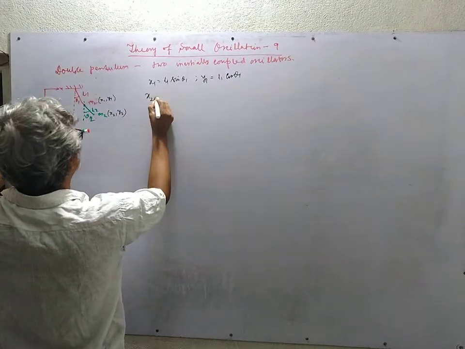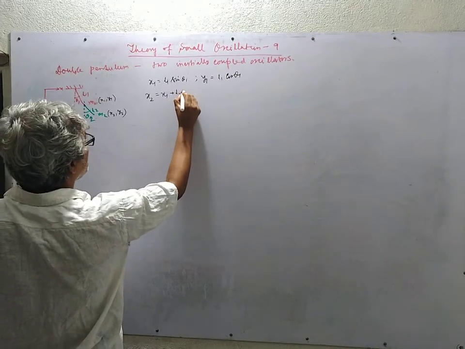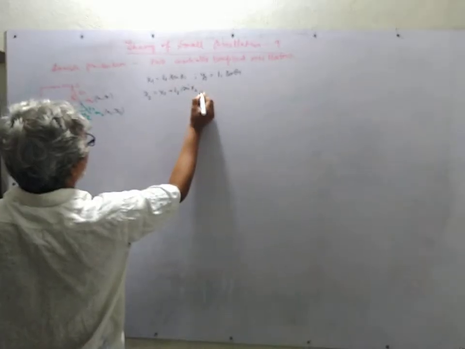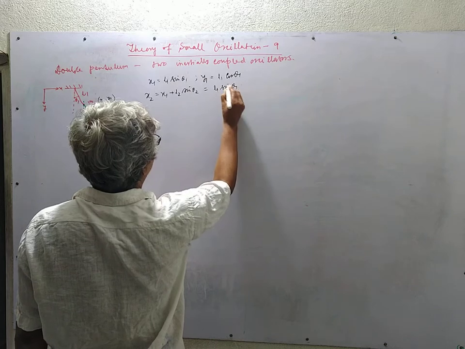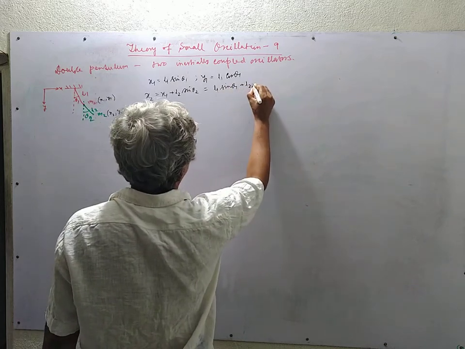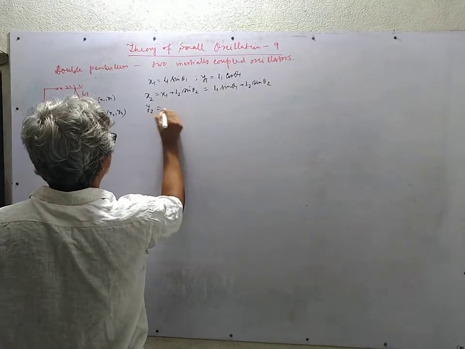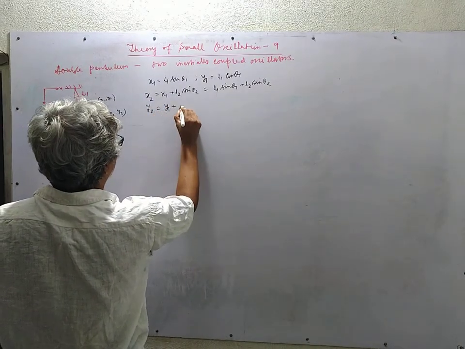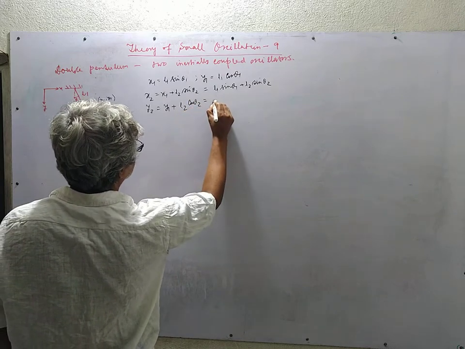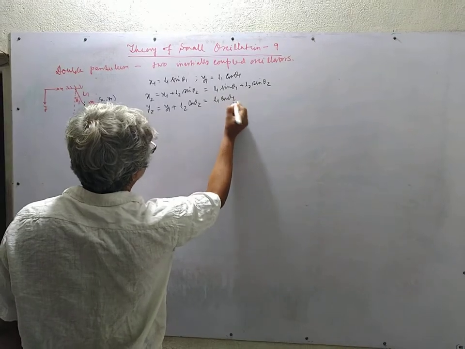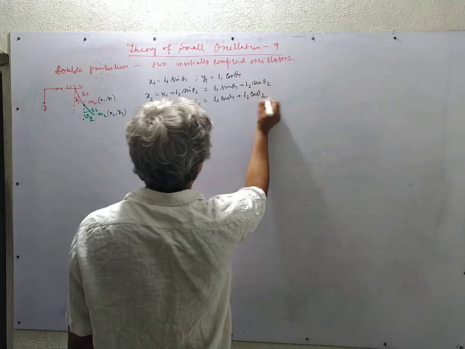Similarly, x2 is equal to x1 plus L2 sin θ2, which comes out to be L1 sin θ1 plus L2 sin θ2, and y2 is equal to y1 plus L2 cos θ2, so this is L1 cos θ1 plus L2 cos θ2.